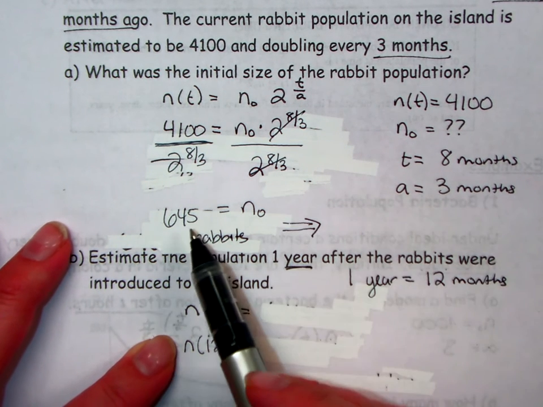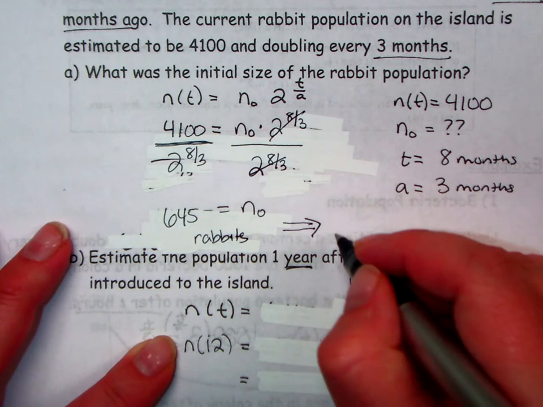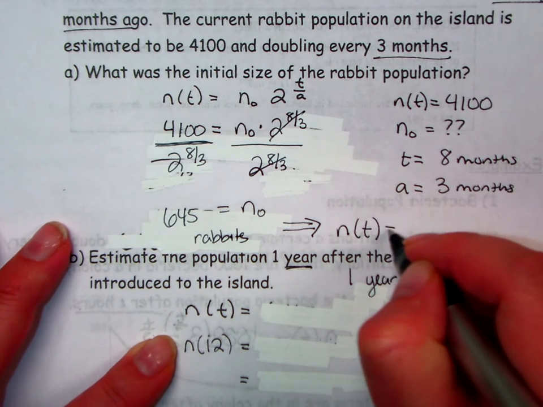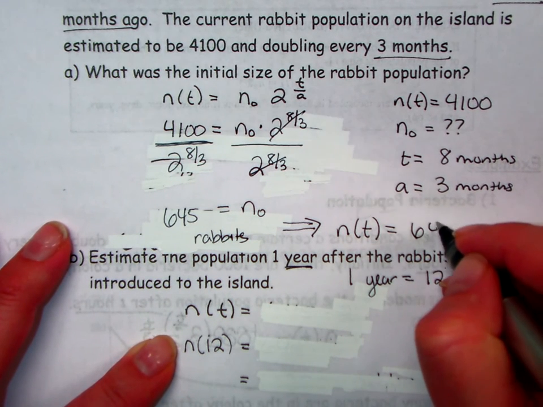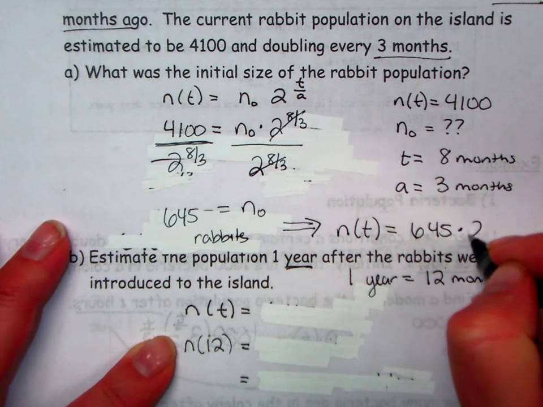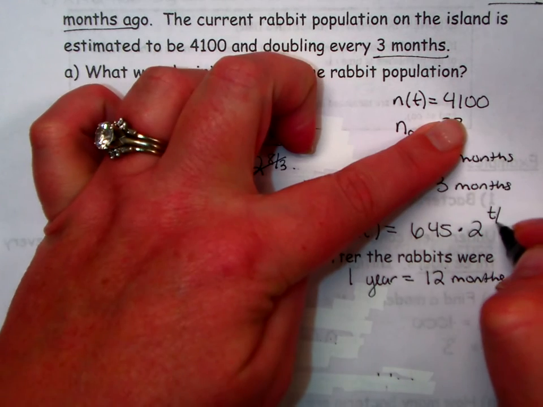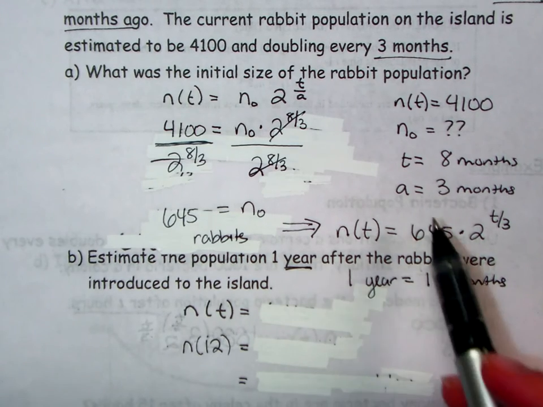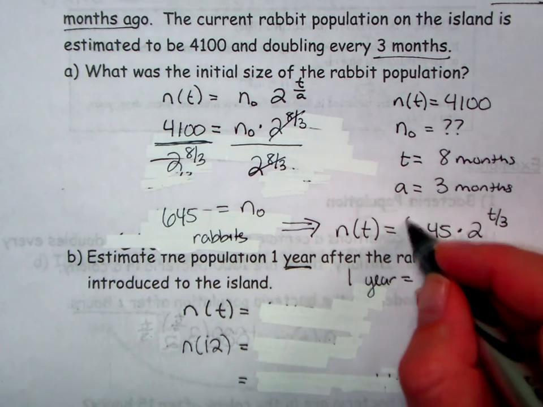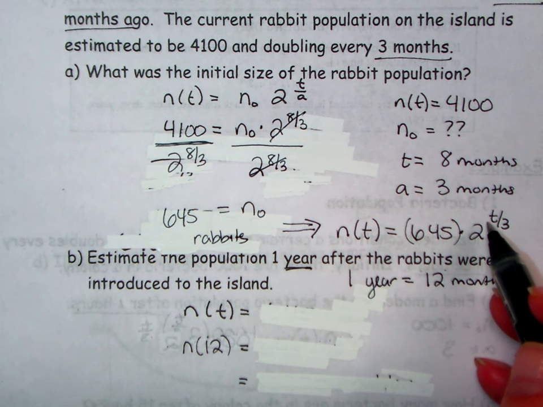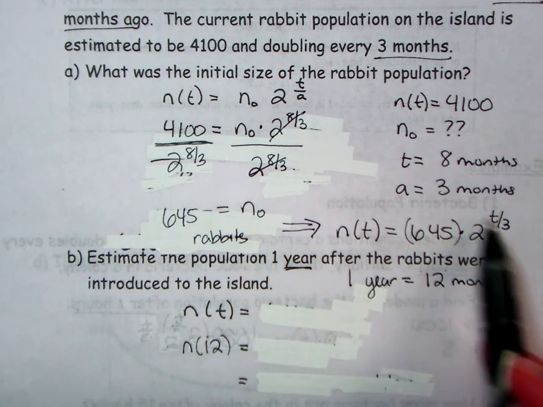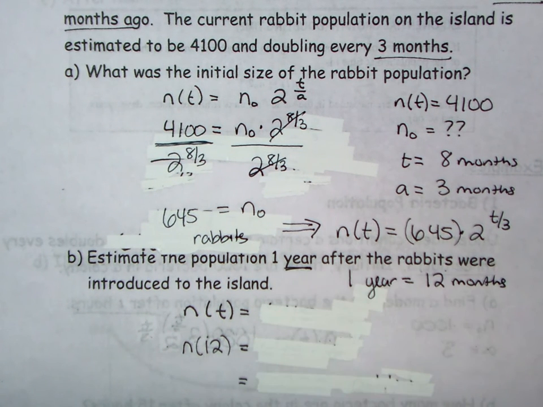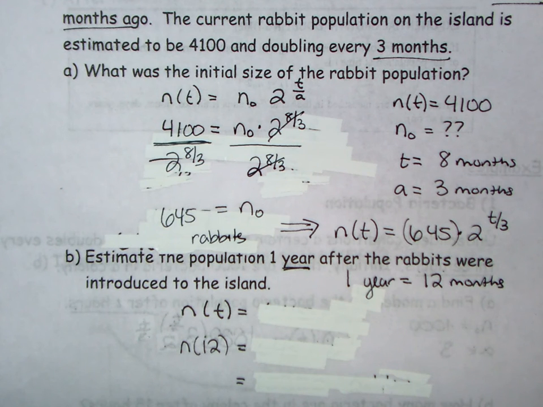I guess I didn't really clarify that. Right, we have an equation now, since we know the initial population. We have n sub 0, which is 645 times 2 to the t over 3, okay? Because we have our initial population times the doubling t over 3, because it doubles every 3 months. So this is my actual equation that we're going to use.